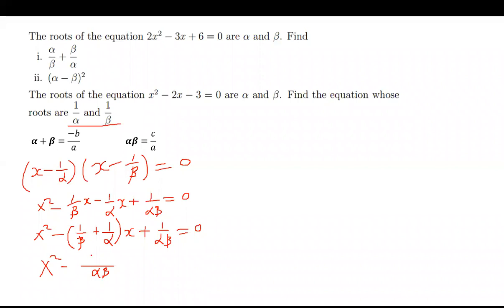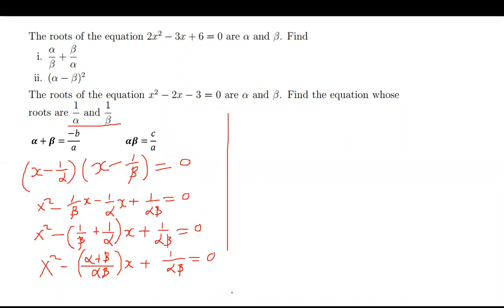Alpha times 1 is alpha. Same applies to the second part. Alpha beta divided by alpha is beta. Beta times 1 is beta. Then you put everything in brackets like that, then you put your x outside, then plus 1 over alpha beta. So this is equal to 0.